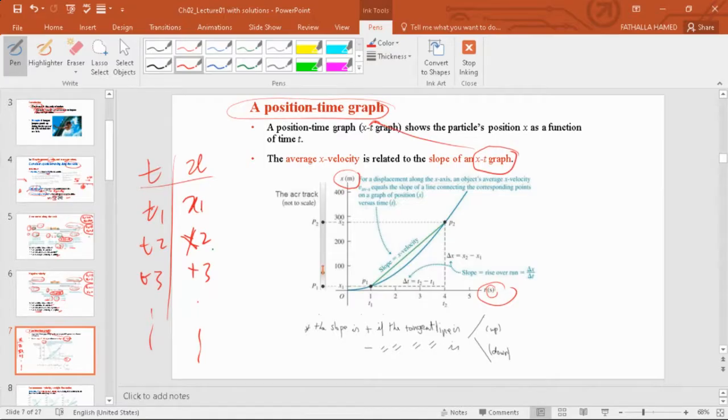Now, we may ask you to get the average velocity from this graph. So for example, if I tell you between position 1 and position 2, you're going to go to position 1 and you find out t1 and x1, and you go to position 2 and you figure out x2 and t2.